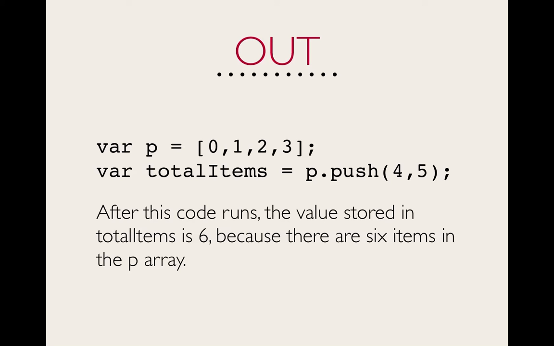Arrays are a little confusing. You have a variable p, which is going to be an array, 0, 1, 2, 3. Excuse me, it's 4 items. And you want to know the total items. After you push 4 and 5 onto it, this code will run and the value stored in total items is 6, because there are 6 items in the p array.